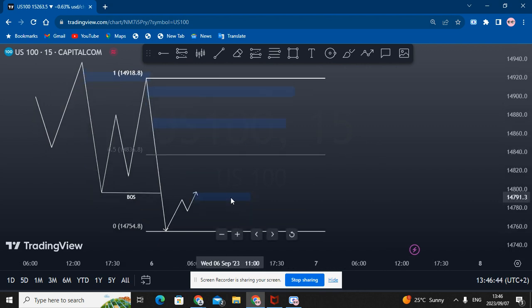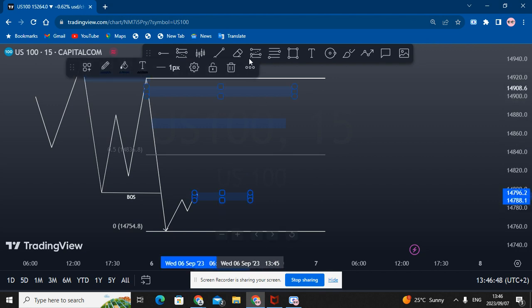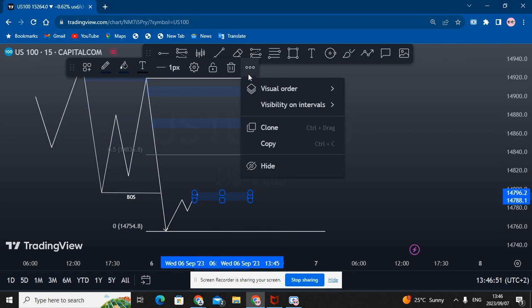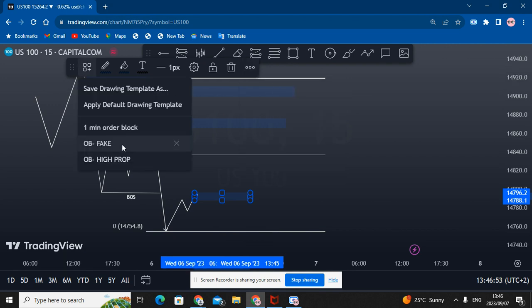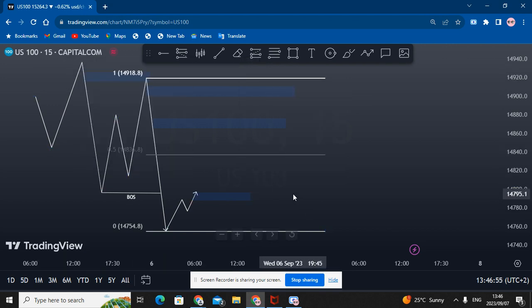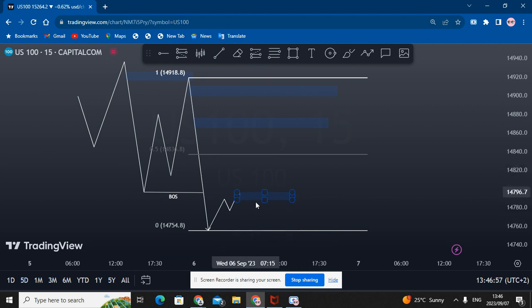So which order block is correct between order block A, B, and C? Ultimately, order block A is incorrect. It's what we call an SMT. The reason it's a fake order block is that at this point the market has not yet started making perfect pullbacks, right?